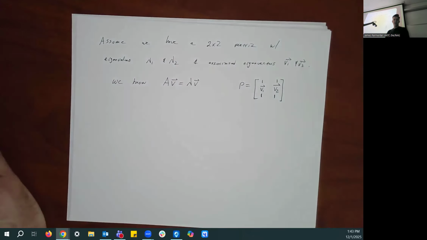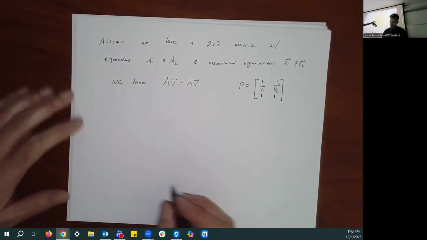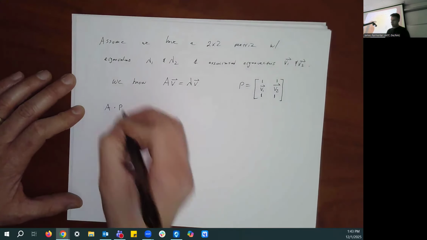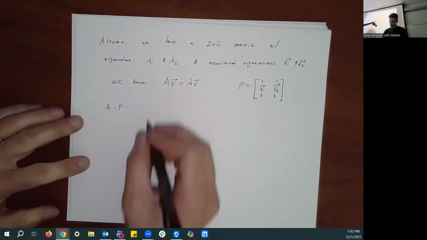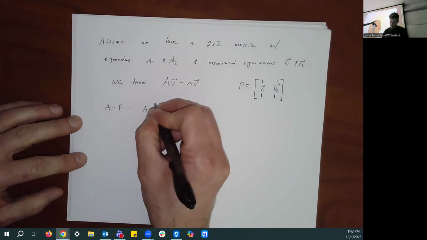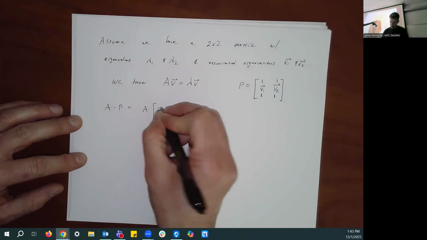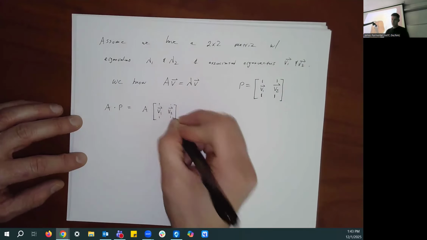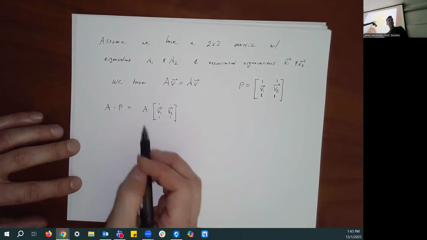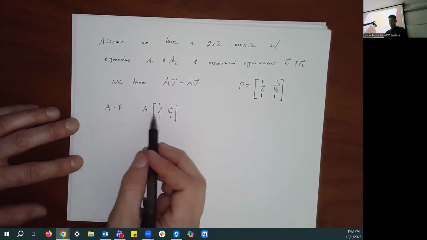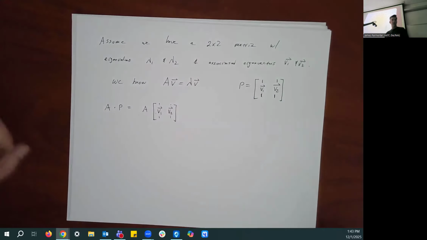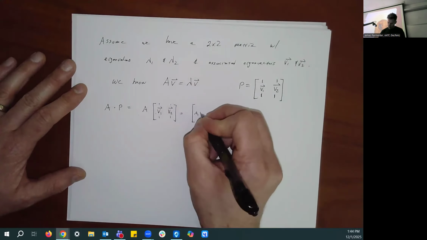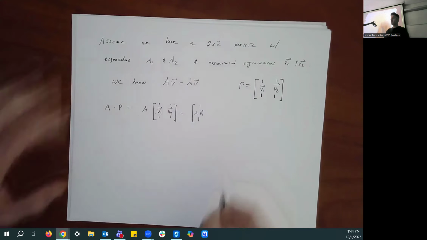So then, look at this equation. A times P is really A times v1 and v2. You can think of the matrix hitting v1 first. A times v1 should be lambda 1 times v1, so this equals lambda 1 times v1 in your first column.